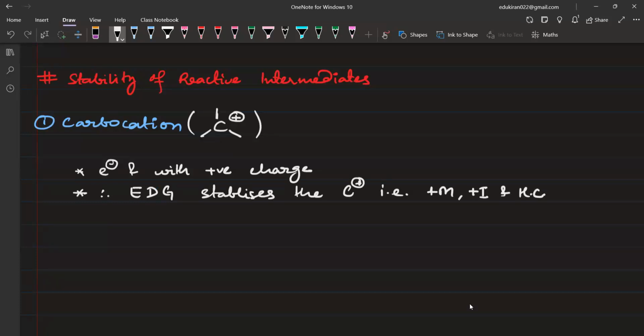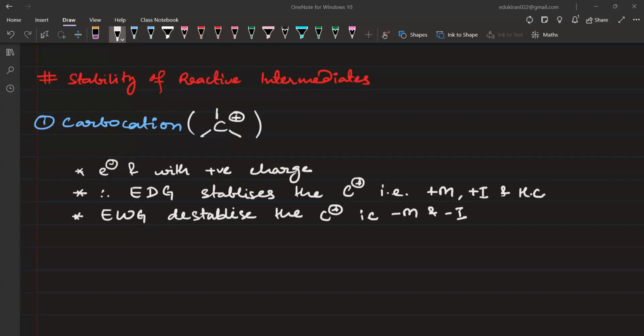Hyperconjugation में भी क्या होता है? इलेक्ट्रॉन मिलते हैं ना, it gets electron, and electron withdrawing groups destabilize the carbocation, that is minus M and minus I. These groups are going to destabilize the carbocation.